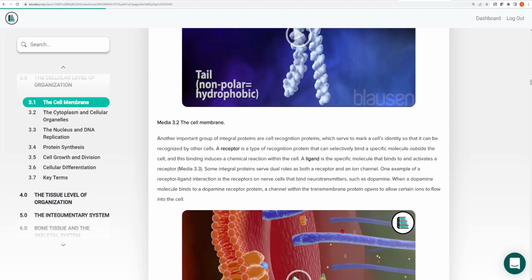Now, I mentioned that the integral proteins are often channel proteins. The peripheral proteins are often receptors. Receptors are proteins found typically on the outside of the cell that help a cell specifically receive signals.